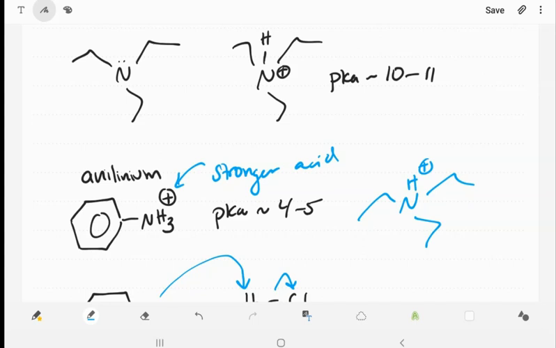The lower your pKa is, the stronger your acid is. The stronger your acid is, the weaker your base is. So as a result, because the anilinium is a stronger acid than the triethylammonium, we're going to see that the aniline is a much weaker base, 10 to the 5th power weaker of a base.